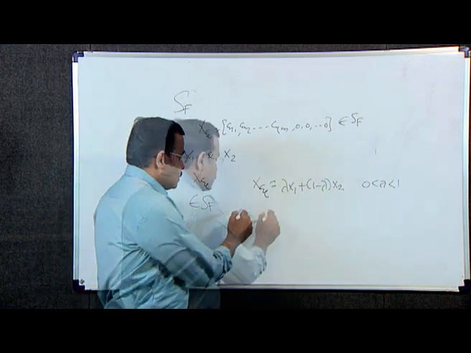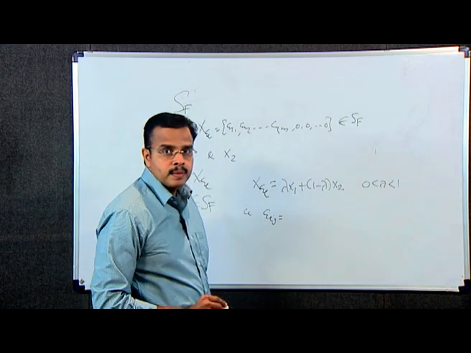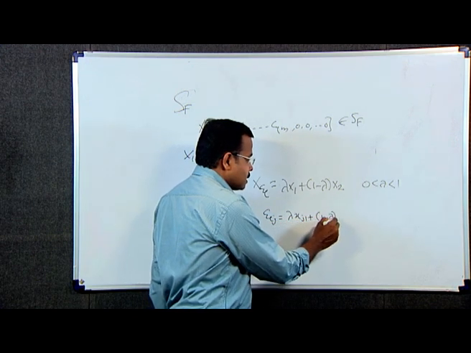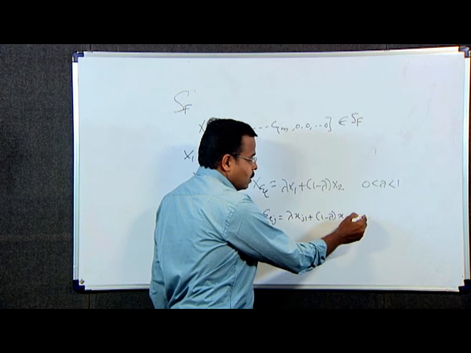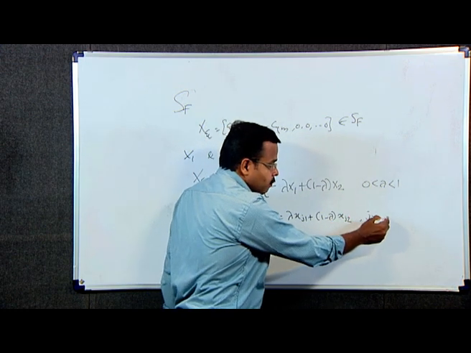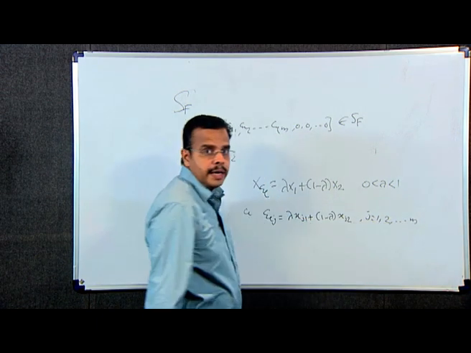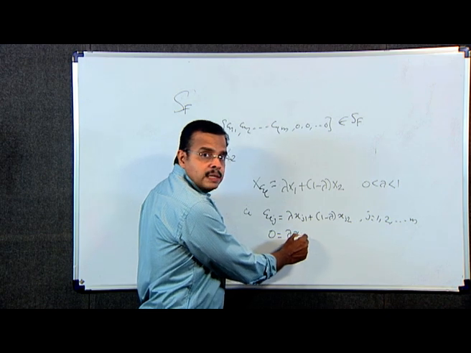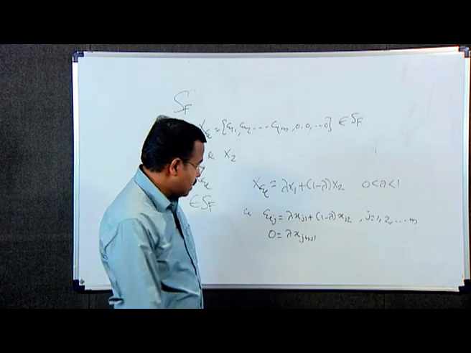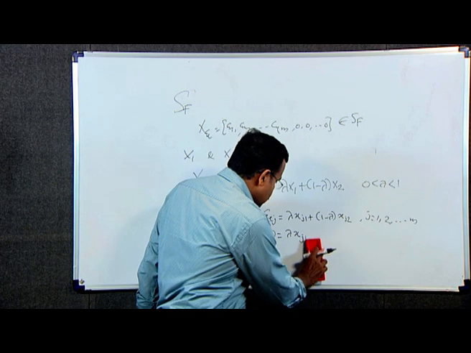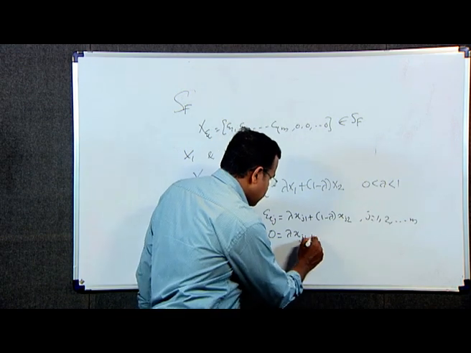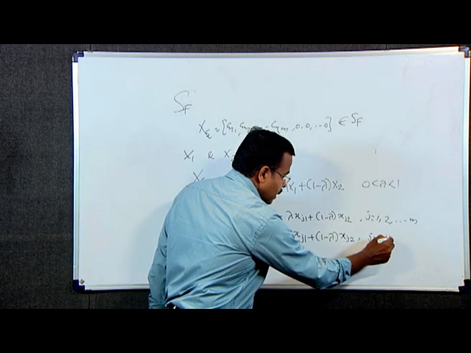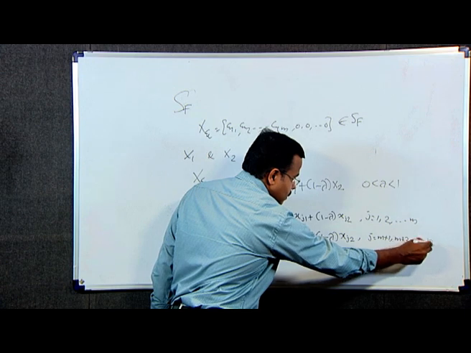That is, psi j equals lambda xj1 plus 1 minus lambda xj2 for j equal to 1, 2, etc., m, and 0 equals lambda xj1 plus 1 minus lambda xj2 for j equal to m plus 1, m plus 2, etc., n.